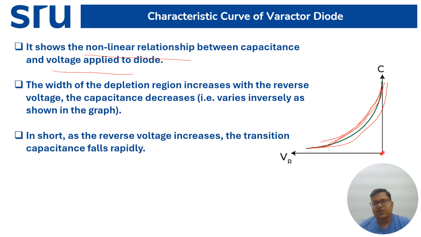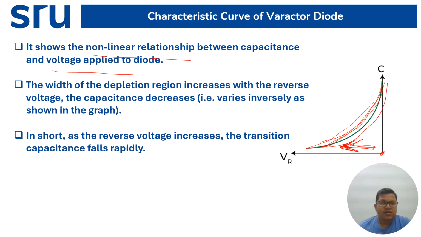So if you see here, you can easily understand, as we are going in this direction, our capacitance is decreasing. And finally, at a certain point, as it goes on increasing, it seems like the capacitance is reduced so much that it looks like it has saturated.